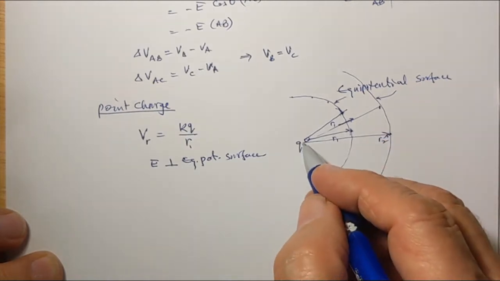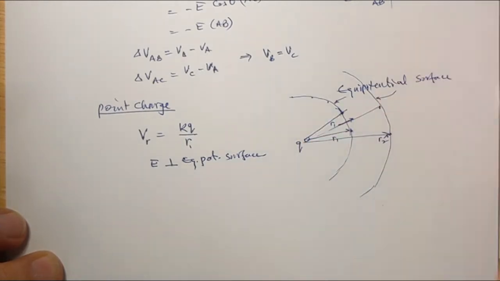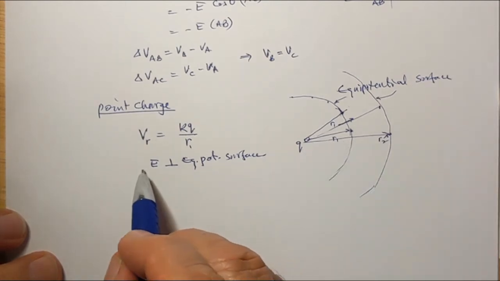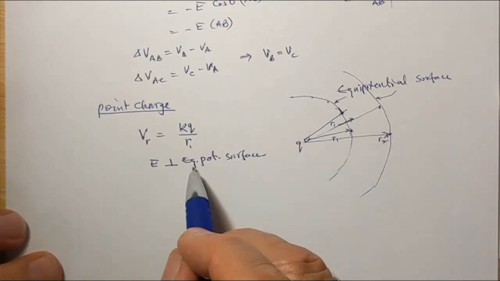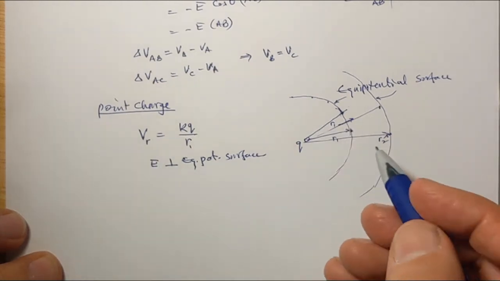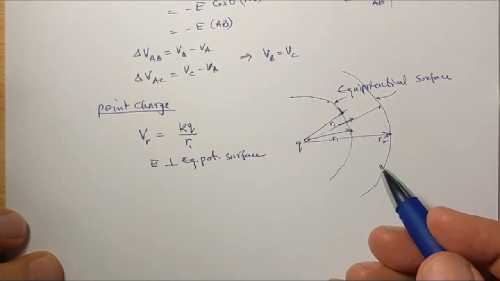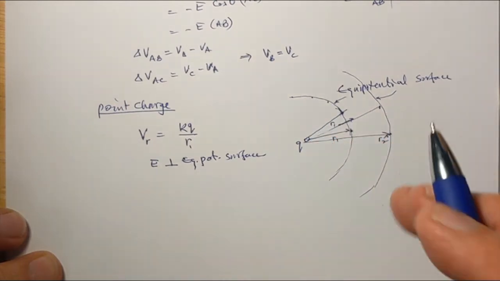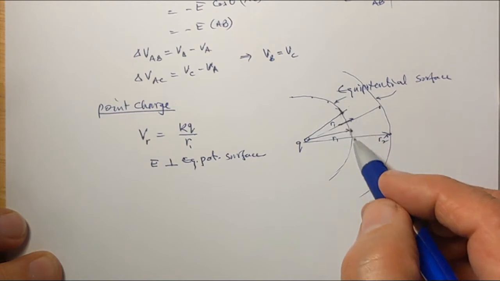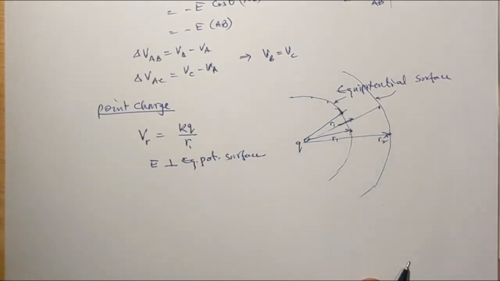Now this is true for a simple point charge and no other charge nearby, but we'll find that even if there are other charges, this will hold. The potential has no direction, but the equipotential surface is a surface, so it should have some direction, and the electric field will be perpendicular to the surface.